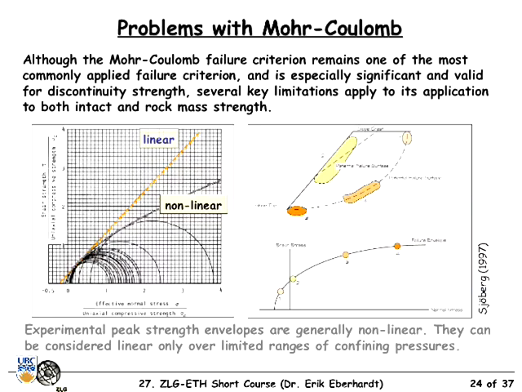So the problem with Mohr-Coulomb, at least in terms of observations, is that it seems to be quite limited when we're talking about both intact and rock mass strength. And this is because when we look at these curves, we see that the envelopes aren't linear, as Mohr-Coulomb predicts, they're nonlinear. And where we really get messed up is under low normal stresses and tensile conditions.